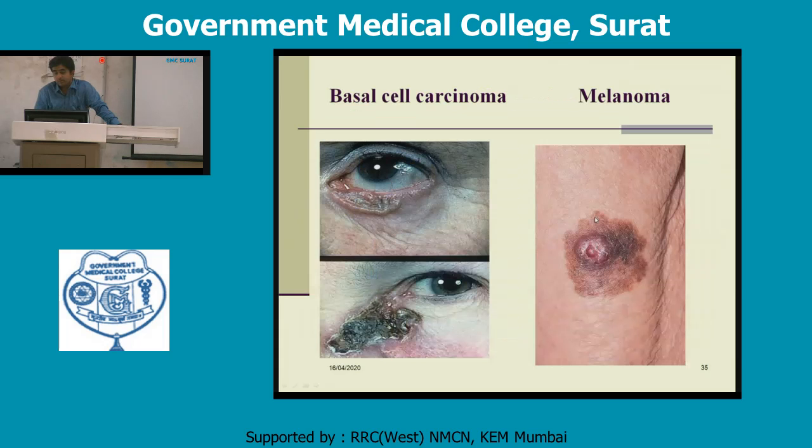The left image is of basal cell carcinoma, which is common in the skin of the face near the inner canthus of the eye. It is a malignant lesion which never metastasizes. It remains localized to that tissue. The right one is malignant melanoma.